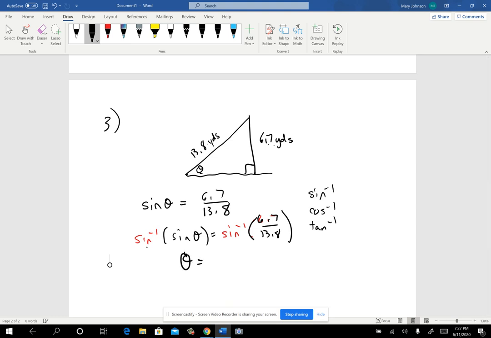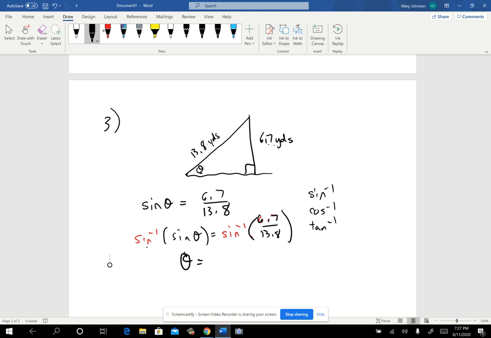So we're going to wind up getting theta equals, and then to do sine inverse, you have to hit the second function key on your calculator to access those functions above the regular buttons, and then take 6.7 divided by 13.8 or enter it as a fraction. And again, make sure you're in degree mode because whatever mode you're in, that's what they'll give you back.